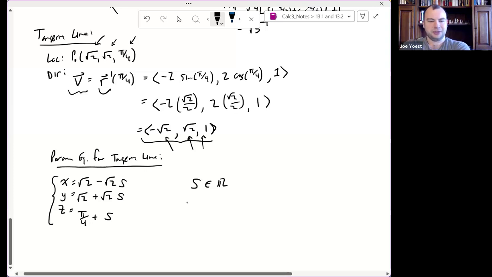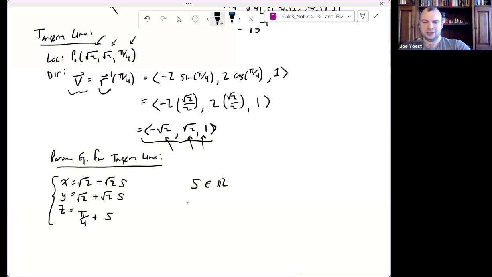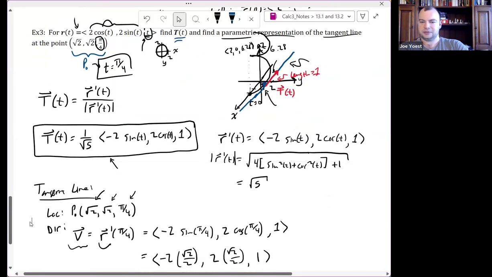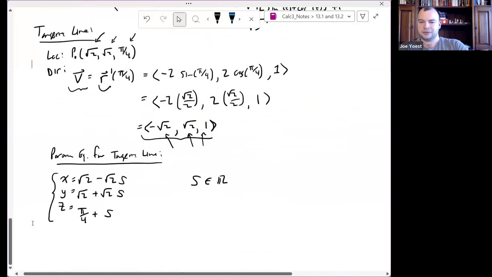So this would be the parametric representation for my tangent line to this space curve at this point, root 2, root 2, pi over 4. Any questions on any of this?